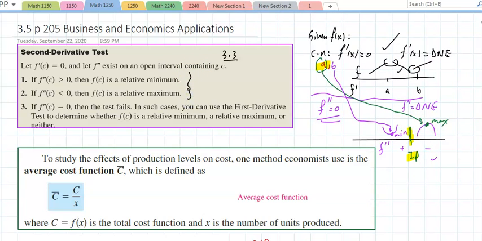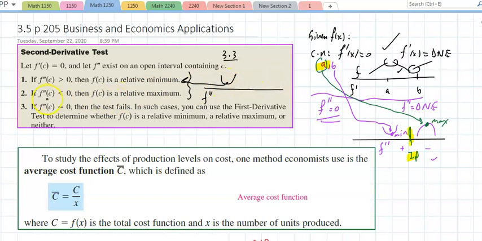Reading the actual test is kind of confusing. If you have a second derivative that's positive, the graph is concaving up. If you put the value in, that would mean it is a minimum.